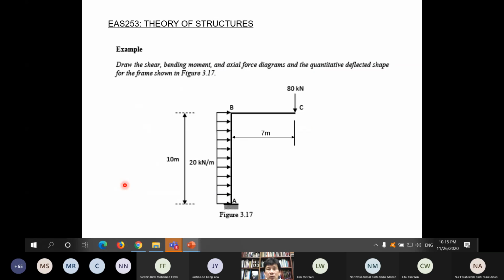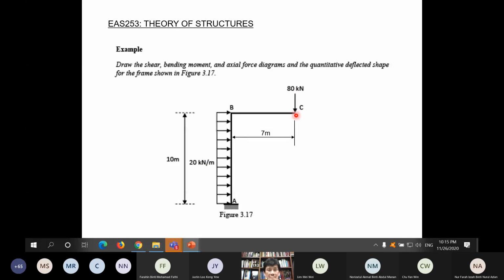Okay. So next, let's go to one more example, after we already get to know this sign convention, where to plot. So this is a simple cantilever frame, fixed here, vertical member AB, horizontal member BC, subjected to a 10-meter high horizontally distributed UDL.